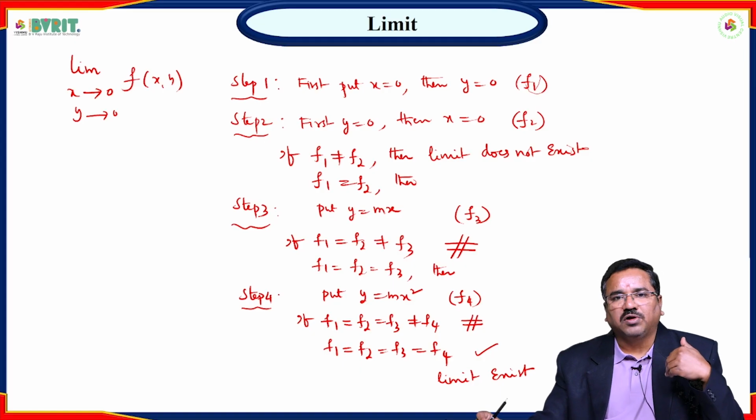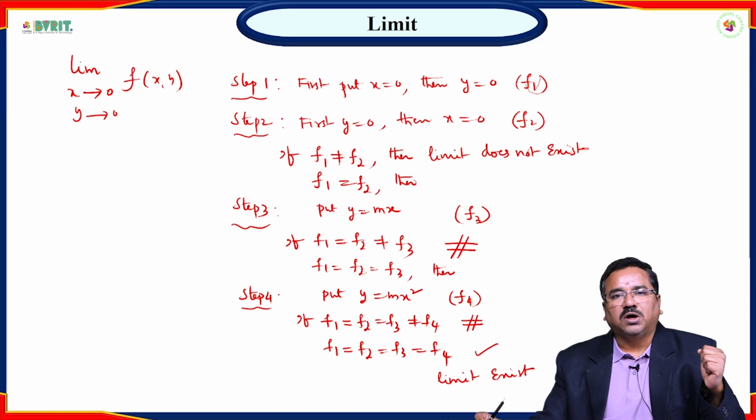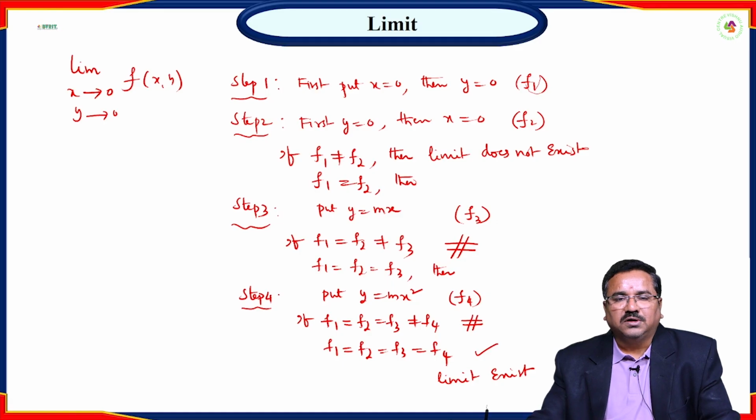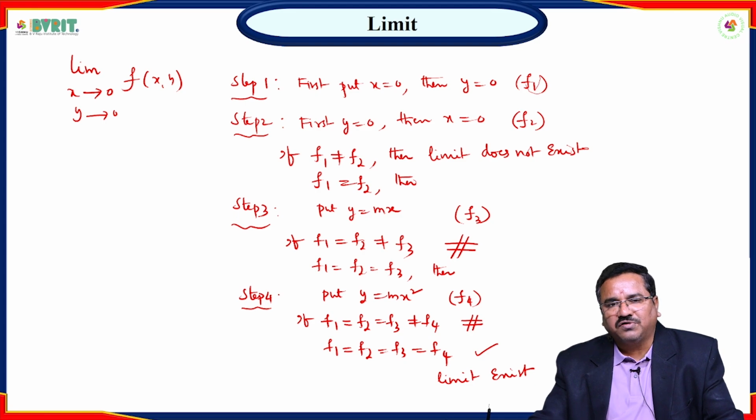So once again, I quickly summarize how to compute the limit about the origin. Exists means the value of the limit is independent of the path. If you get the same answer along all different paths, the limit exists. If you get different answers for different paths, the limit does not exist.